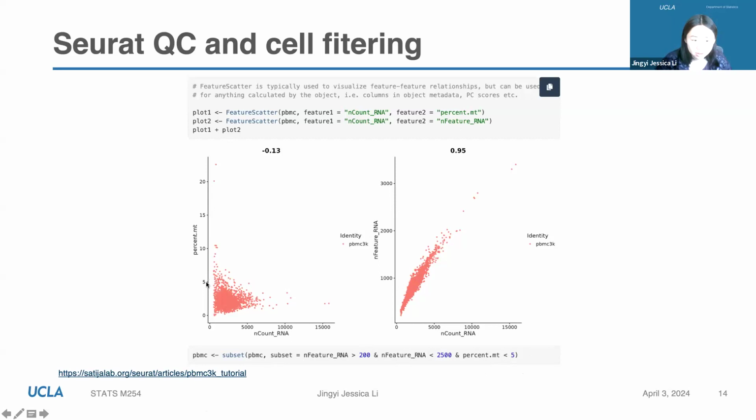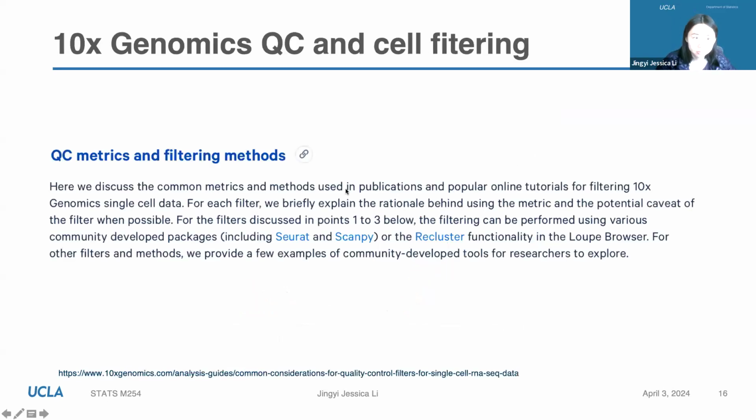So you'll see then the line will be drawn here. 5 is here, right? These cells above it will be gone. And then 2,500 is here. So you will draw a line here and you will draw 200 here. So these parts will be gone and anything above it will be gone. So you will throw away those cells and they will no longer be in your count matrix as columns.